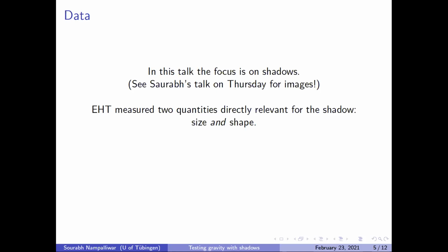Now, EHT measured two quantities which are directly relevant for shadows. One of them is the size, which is the average of the shadow diameter measured over different orientations. And the other is the shape, where the measurement reported is the standard deviation in the shadow diameter measured along different orientations divided by the average diameter.